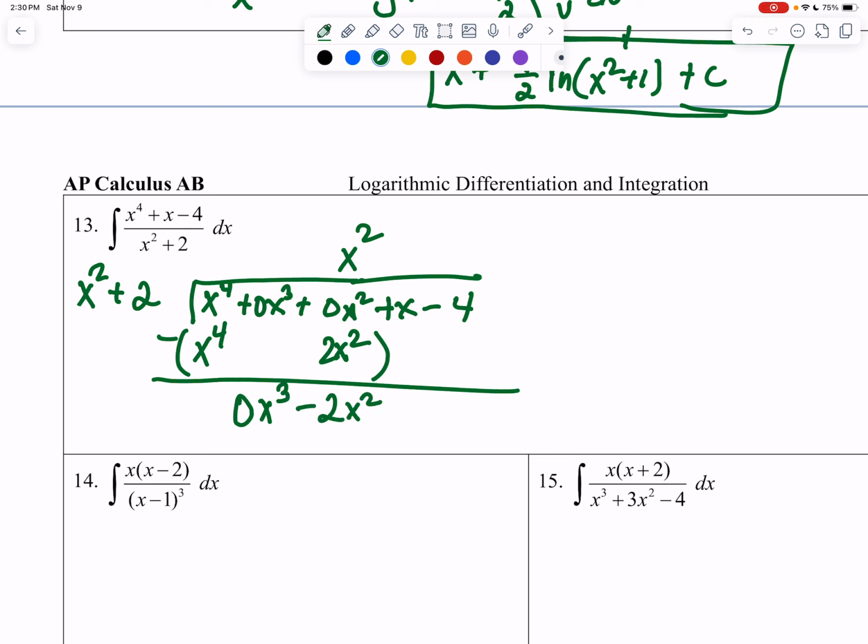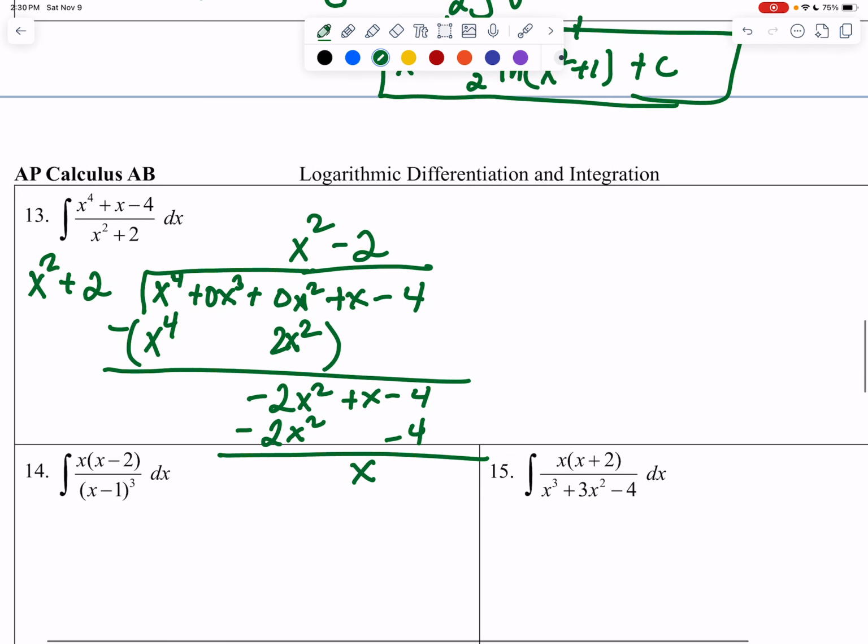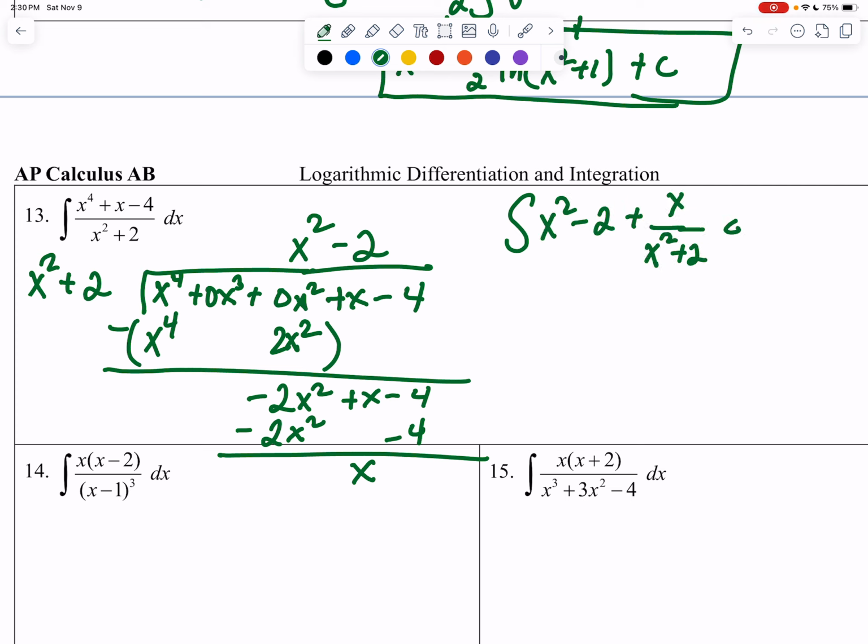And then to get rid of the negative 2x squared, I'm going to subtract 2. So that means that I have x as my little remainder here. So then I have the integral from x squared minus 2 plus x over x squared plus 2 dx.